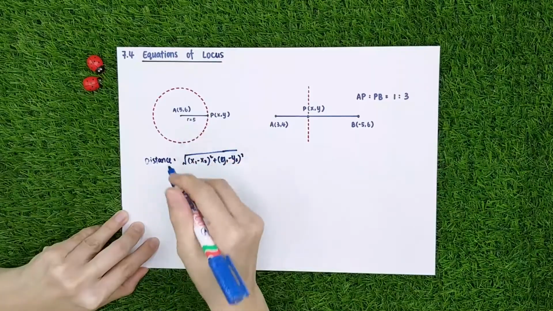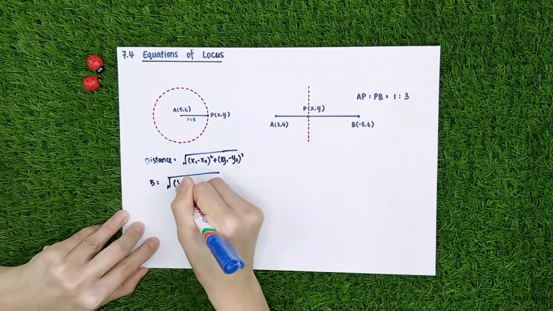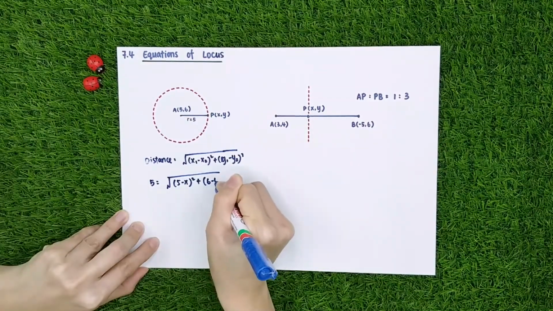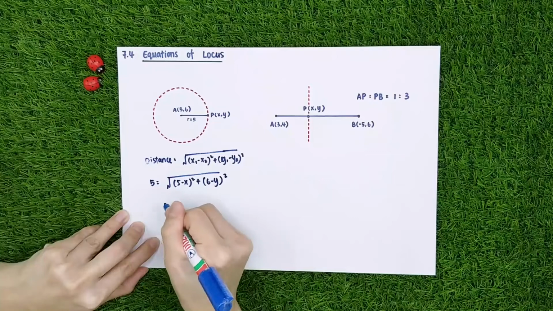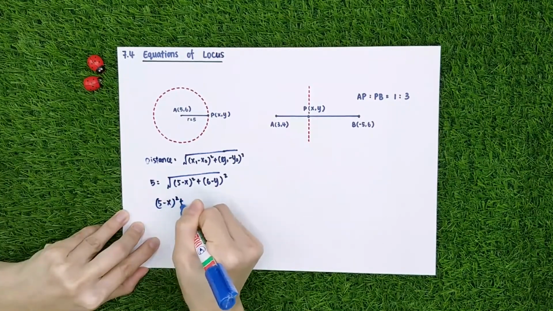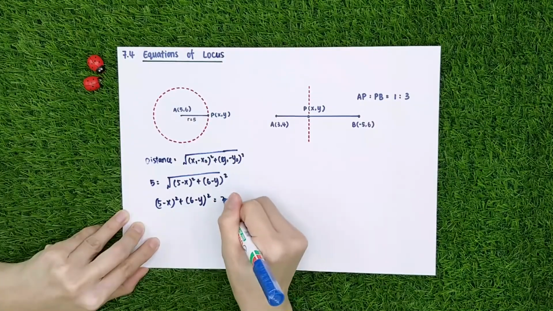So the distance 5 equals the square root of (5 minus x) squared plus (6 minus y) squared. So I can get (5 minus x) squared plus (6 minus y) squared equals 25.